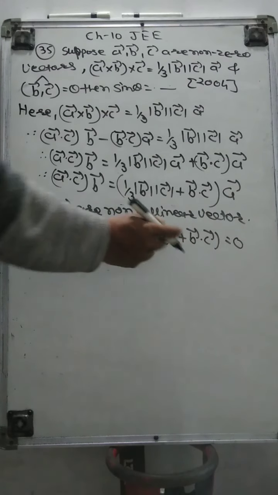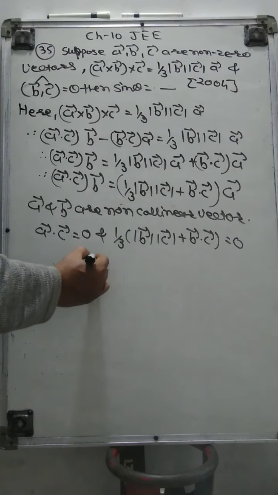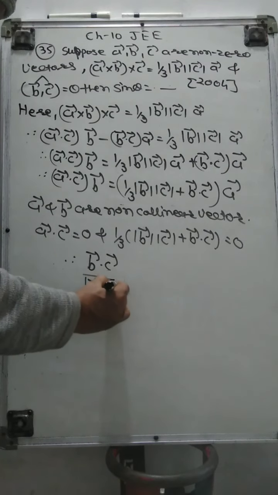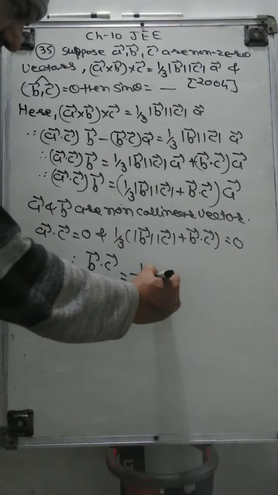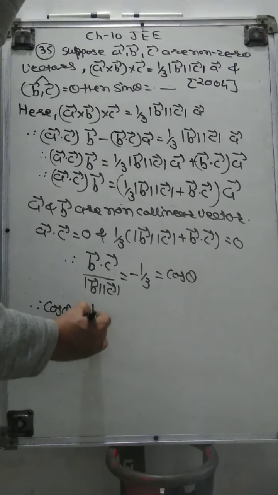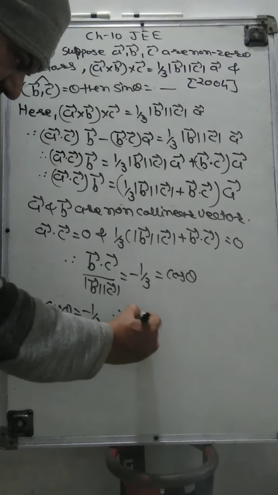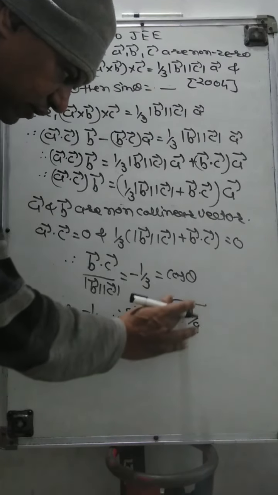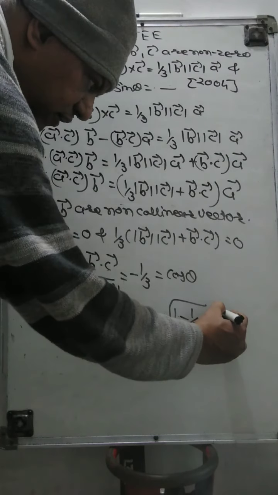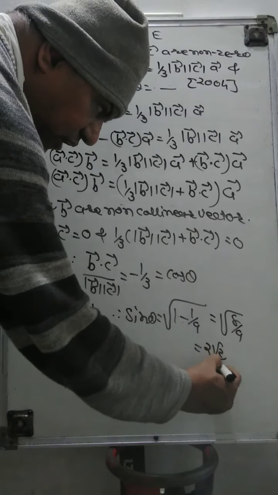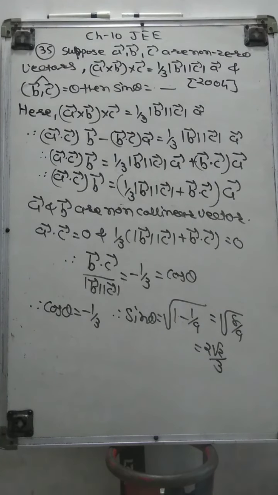Therefore according to this, we find B dot C upon mod B mod C is equal to minus 1 by 3, which is cos theta. So when cos theta is minus 1 by 3, sin theta is equal to under root 1 minus 1 by 9. It is root 8 by 9, or 2 root 2 by 3. So this way we can obtain this answer.